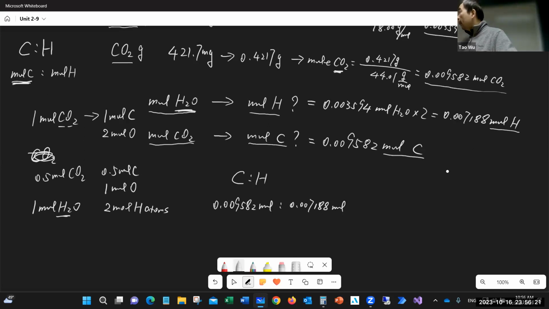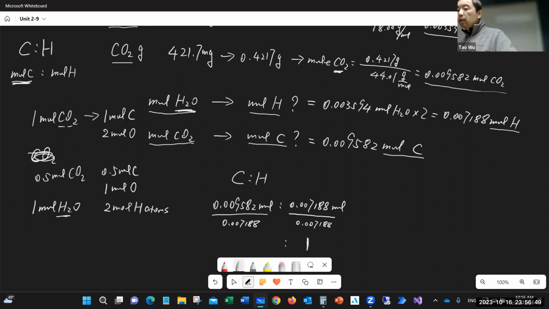Divide by the smallest number. Then one of these is going to be 1, and the other one is going to be a number bigger than 1. So this one is the smallest, so we're going to divide by 0.007188. In this case, on the right side, hydrogen is 1 now.